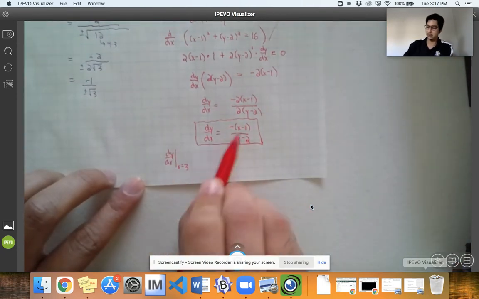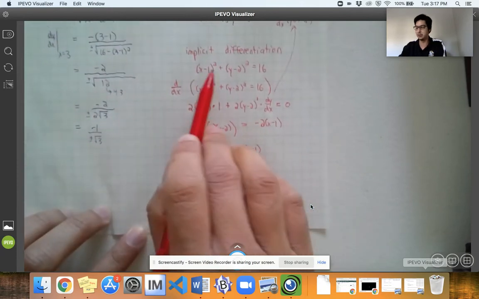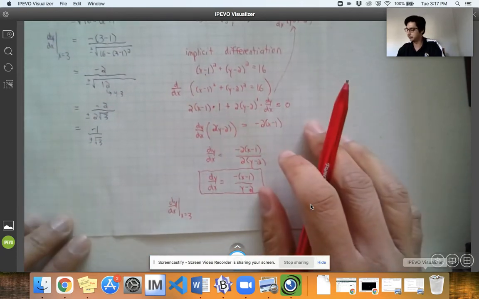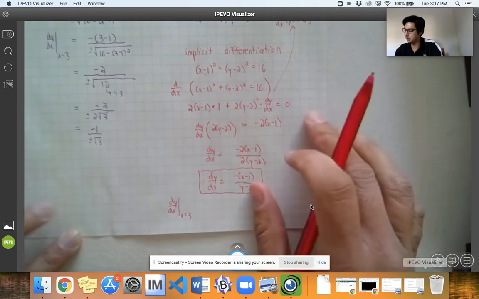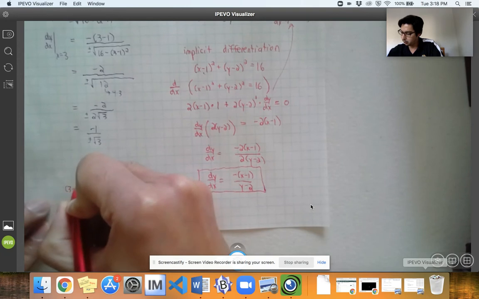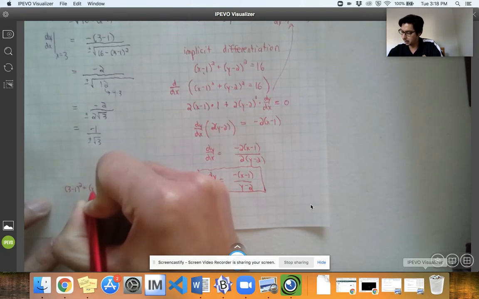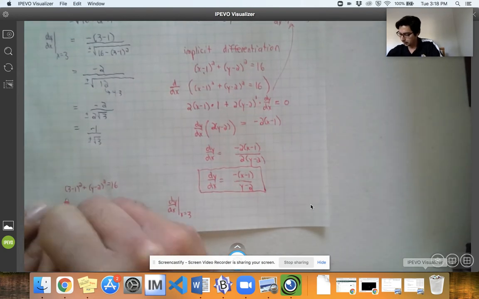Well, notice in order to use this, we also need to have the y value. So if we look at our original function, we just have to get y by itself. So we would have (3 - 1)^2 + (y - 2)^2 = 16, that would make 4.